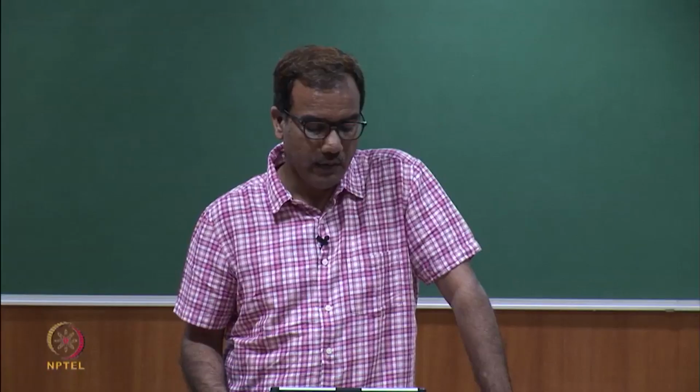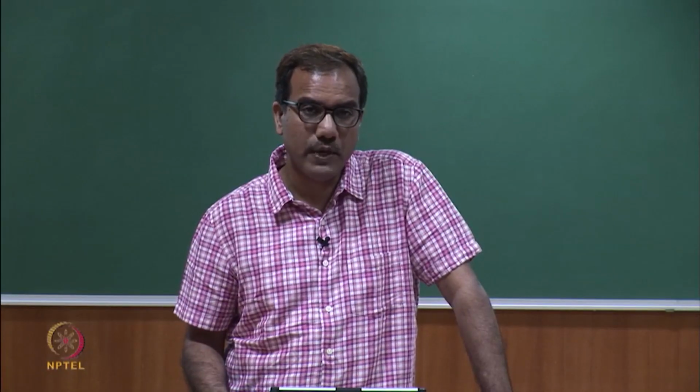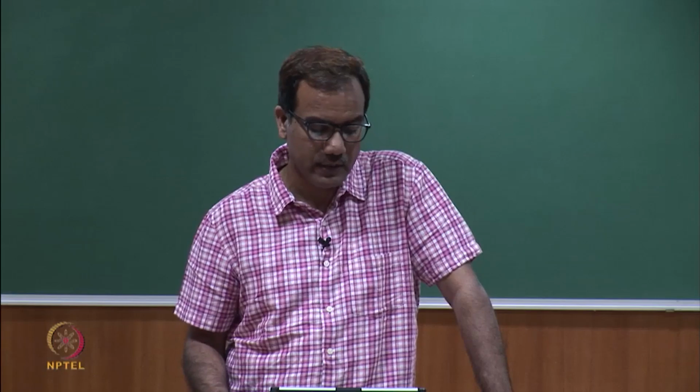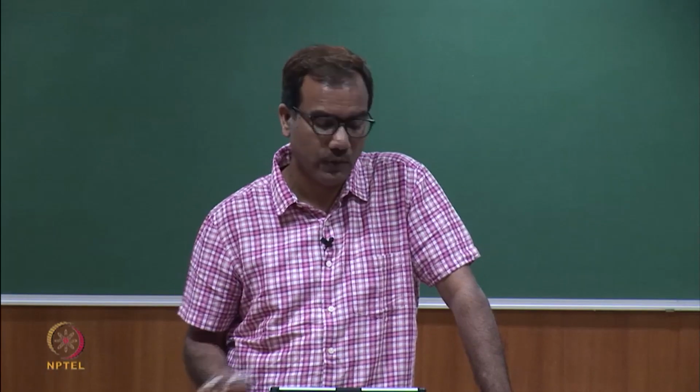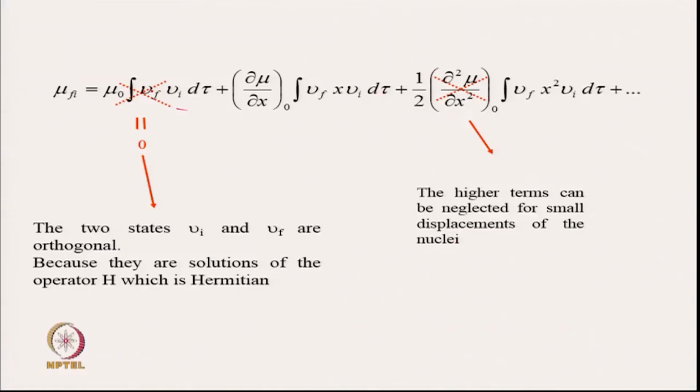Now, we know that the two vibrational wave functions are orthogonal. So, your integral of Vf Vi, where Vf is the wave function of the final vibrational state and Vi is the wave function of the initial vibrational state, is going to be 0, and you are left with one term.